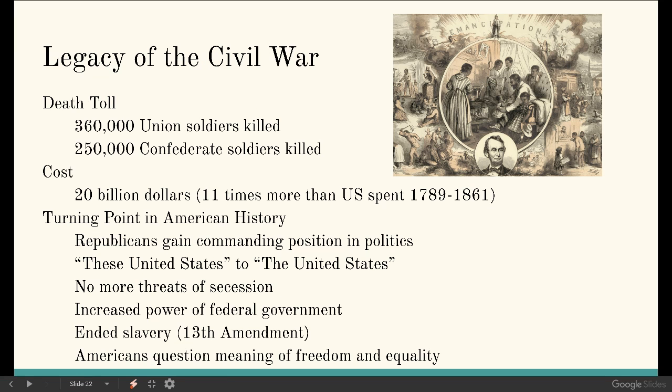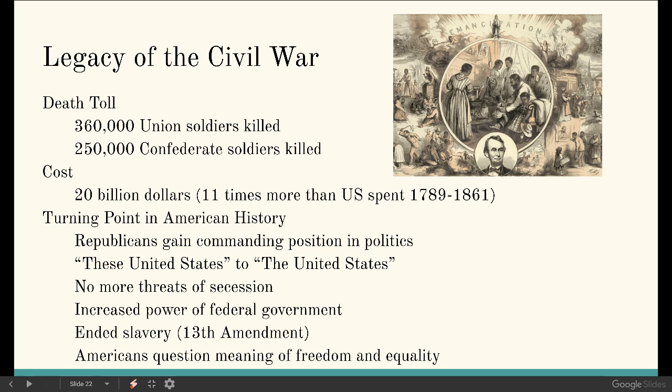Now, the legacy of the Civil War is devastating on the one hand and really great on the other hand. For the negative side, the death toll is astronomical. Over 600,000 Americans killed in the Civil War in a matter of 4 years. 360,000 Union soldiers were killed, and about 250,000 Confederate soldiers were killed.